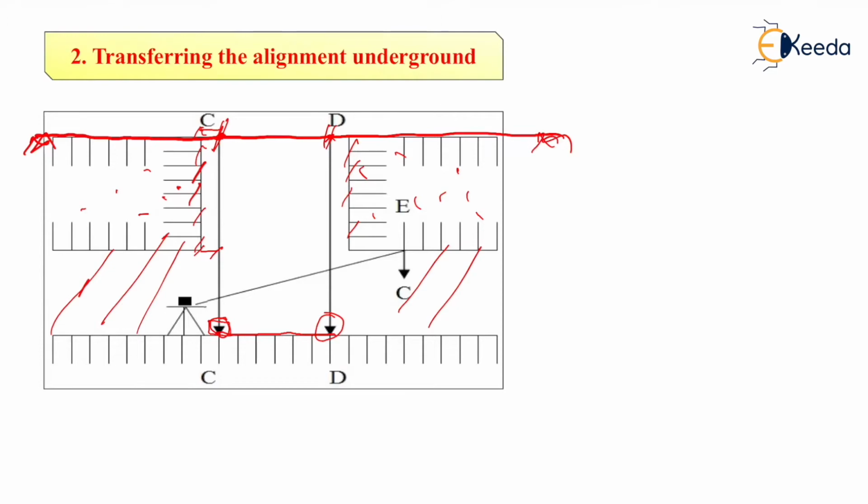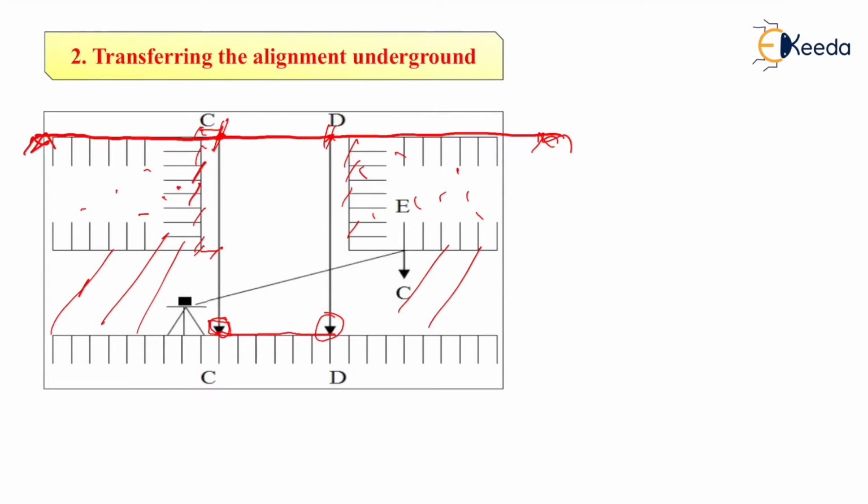The alignment is transferred to the bottom of the shaft through the suspended wires. Now the alignment is marked on marks driven into holes drilled on the roof. As we can see over here, these are the two points we have marked, C and D. Now what do we have to do?